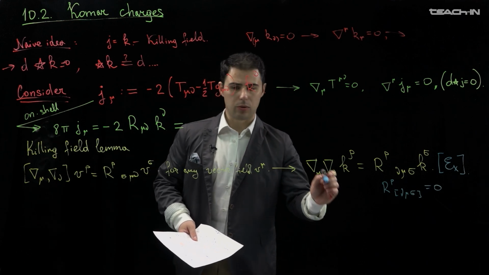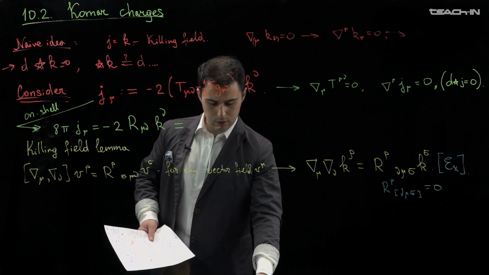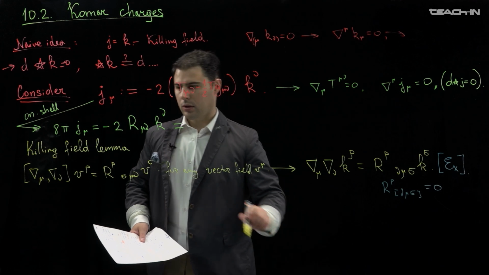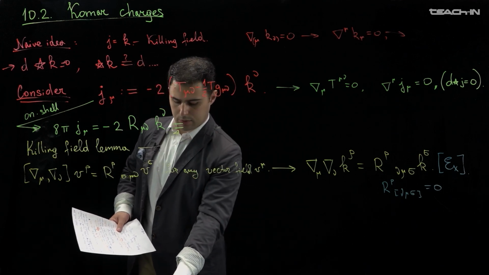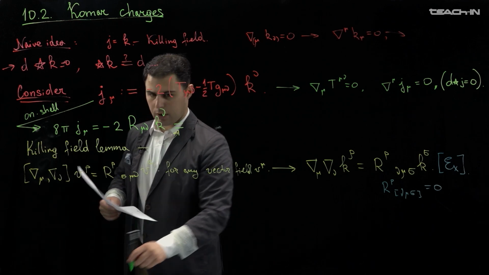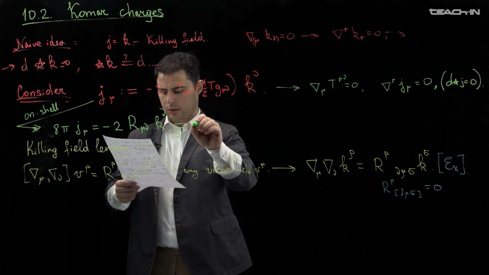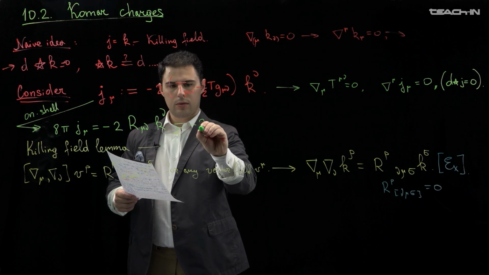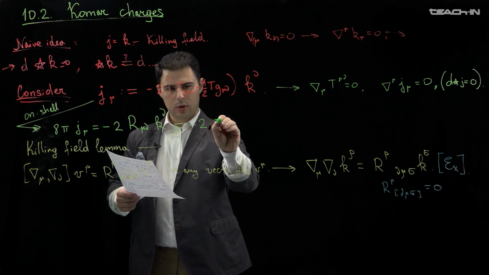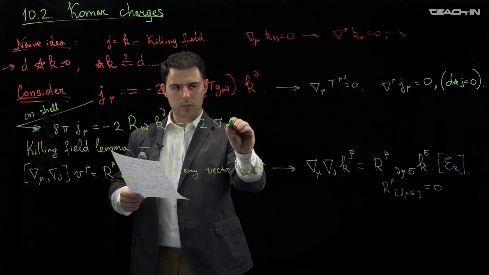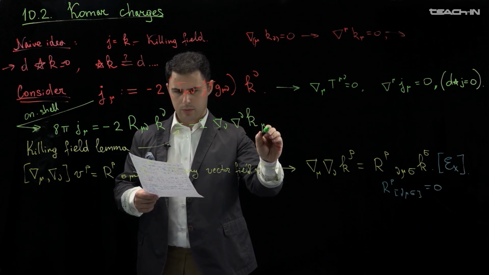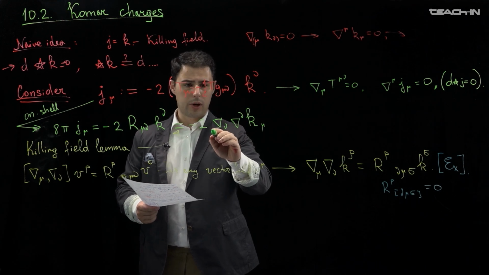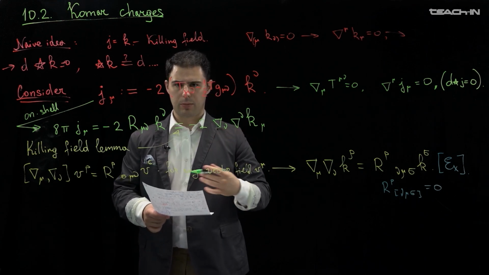Okay, so by the Killing field lemma, this is the same as minus 2 ∇^ν ∇_ν K_μ, where this term is effectively a Laplacian.